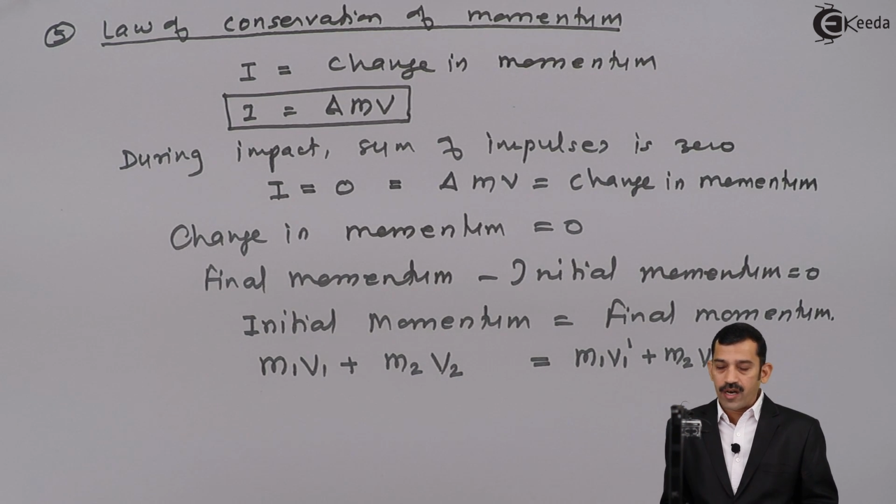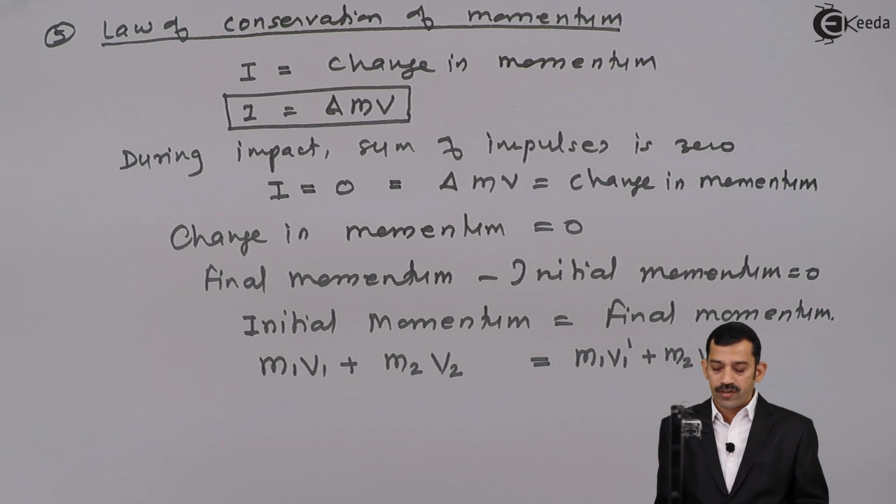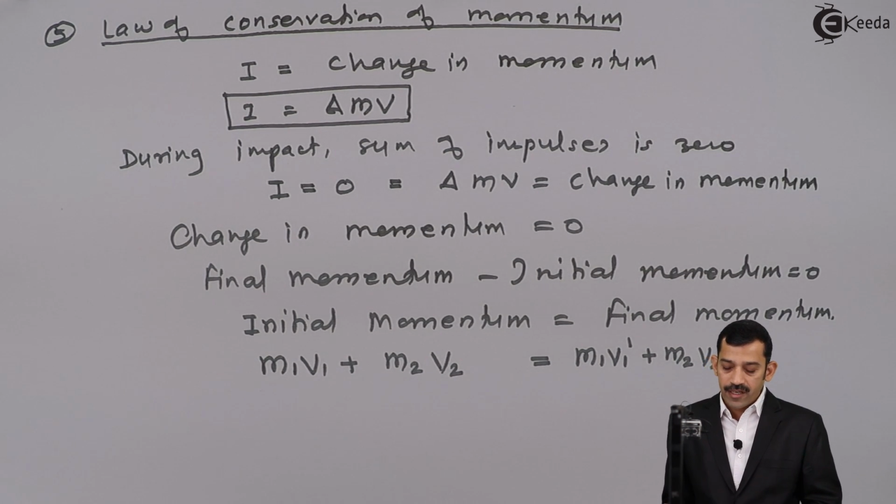v1 and v2 are the velocities of the bodies just before impact. m1 and m2 are the masses of bodies 1 and 2, which are involved in impact.